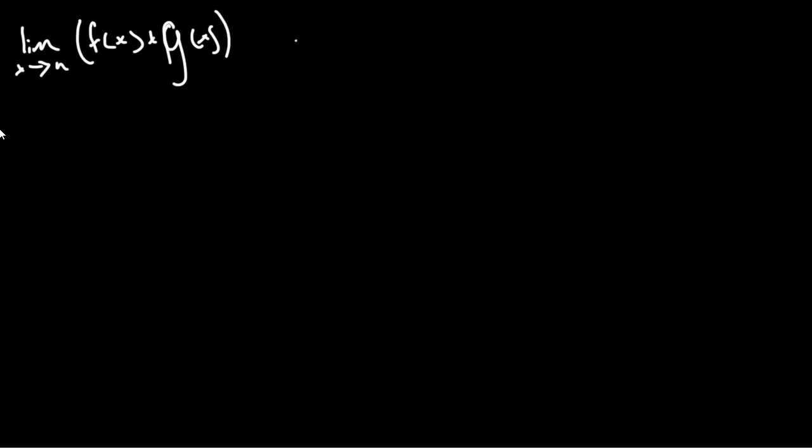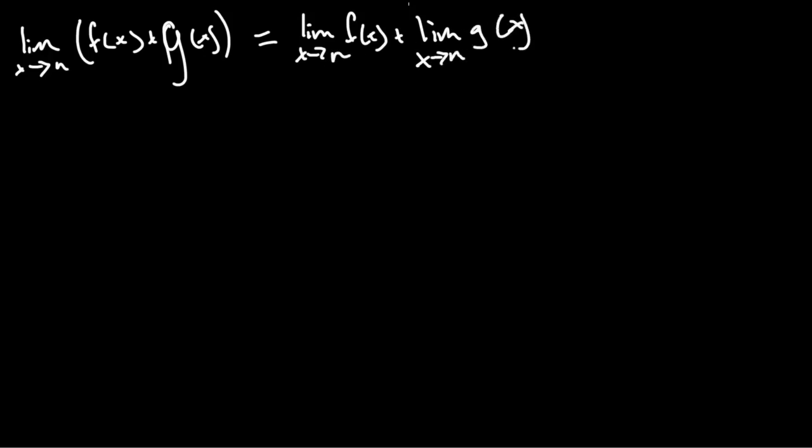Now this might trip you up when you see this for the first time on a quiz, but this is super easy. Because we can change this to the limit as x approaches n of f of x plus the limit as x approaches n of g of x. So you can split this limit up into two different limits and add them together. And that's what makes this super easy.